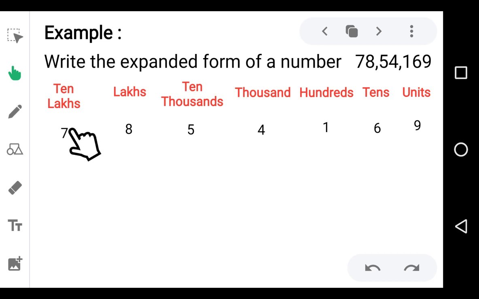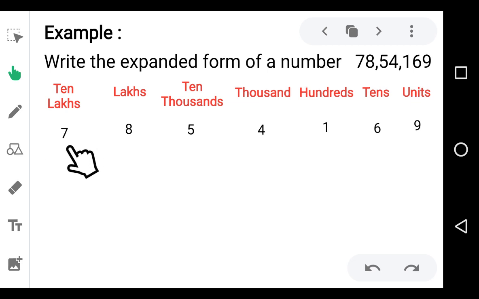See here, 7 is at 10 lakhs place, 8 is at lakhs place, 4 is at 10,000 place, 5 is at 1,000 place, and in the 100 place 1 is there, in the tens place 6 is there, in the unit place 9 is there. So these are the numbers in those particular places. We call them the face value of the number. So now let's write down the place value of these digits.